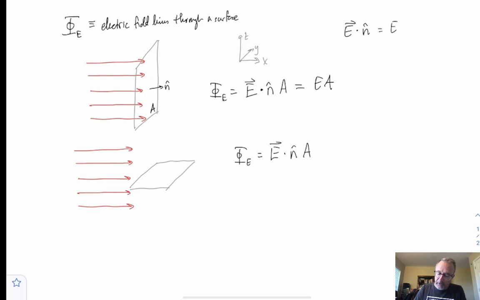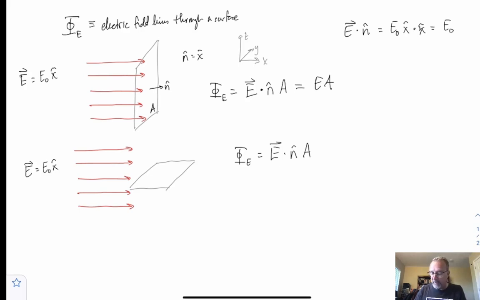Think about it like this: the electric field is E0 in the x hat direction, and the n hat vector is also x hat, in the same direction. Well, x hat dot x hat is just 1, and so E dot n hat here is just E0 times A.